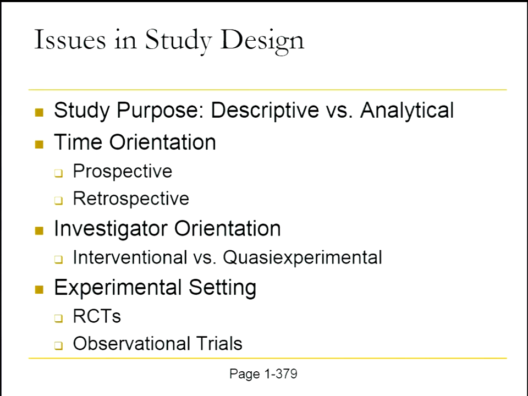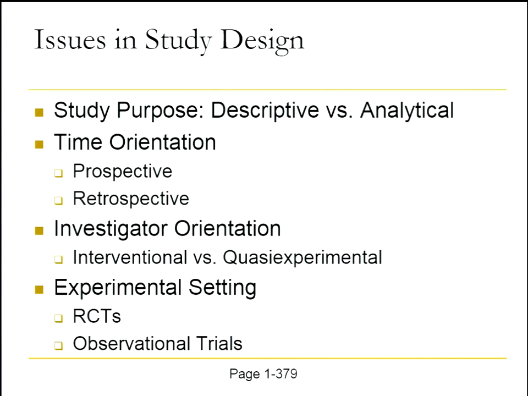What's the time orientation? Is it a prospective study in which we're looking ahead, or a retrospective study in which we're looking backwards? I've listed these because there's a common misconception that, for example, a case control study is the only type of retrospective study. Well, that's not the case. And we'll talk about some other examples of that.